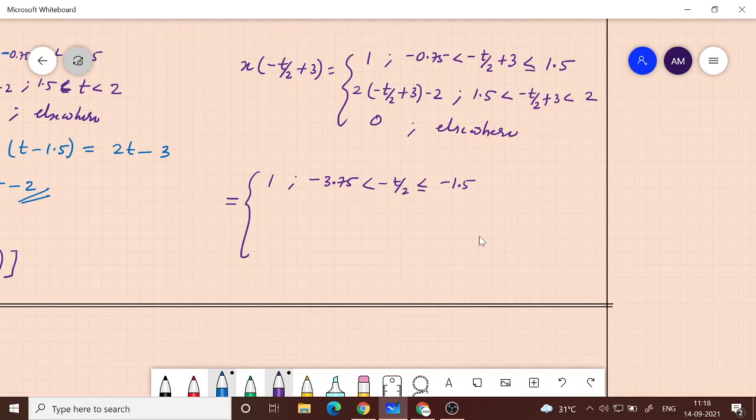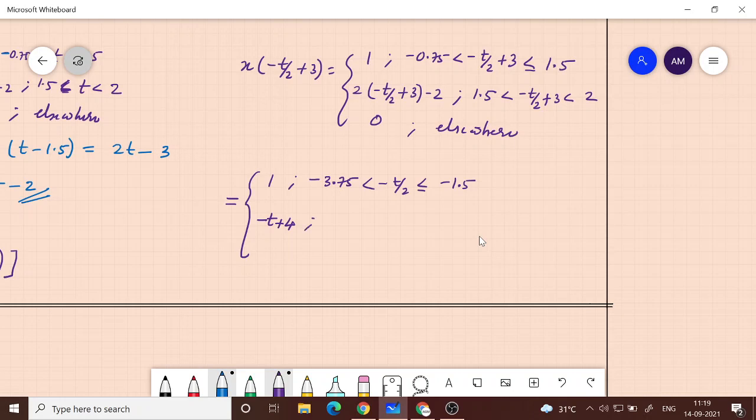And then here we have to do minus t, multiply 2 into minus t by 2, and then plus 6, 2 into 3, then there is a minus 2, so 6 minus 2 is 4. Is that correct? Cancel, minus t, and then 2 into 3 is 6, minus 2 is 4. I think it is correct.